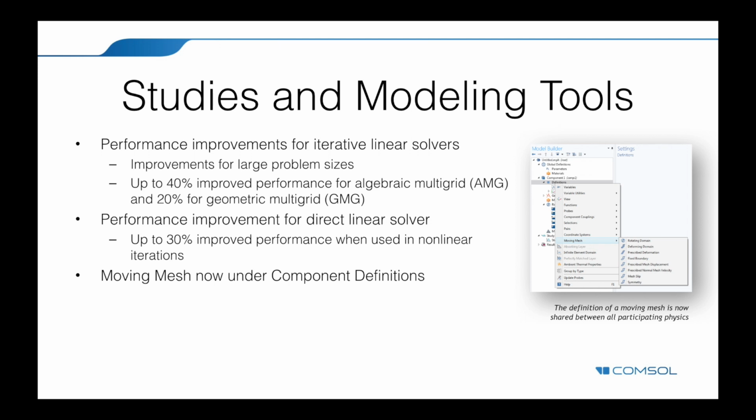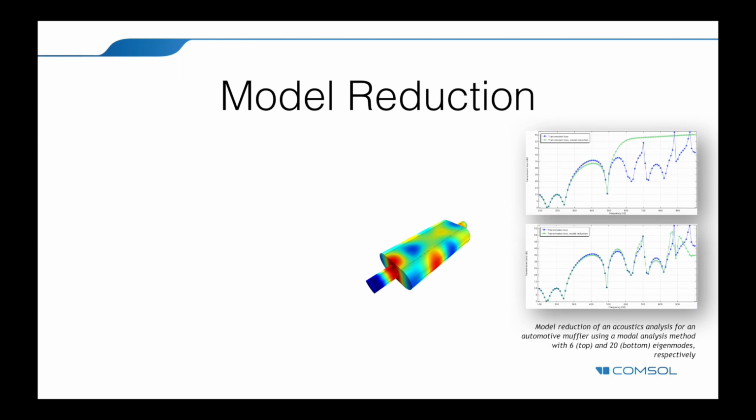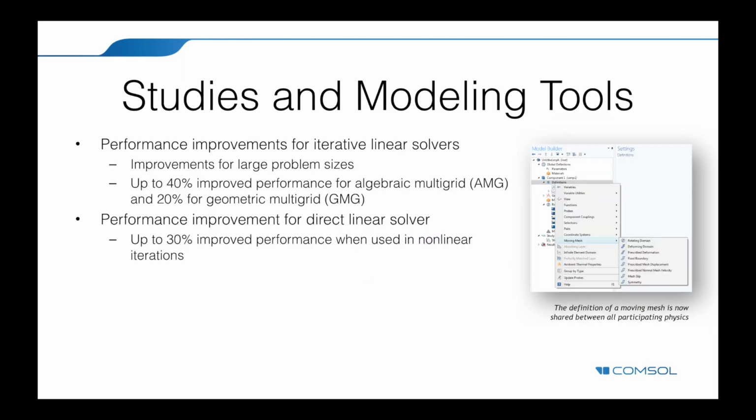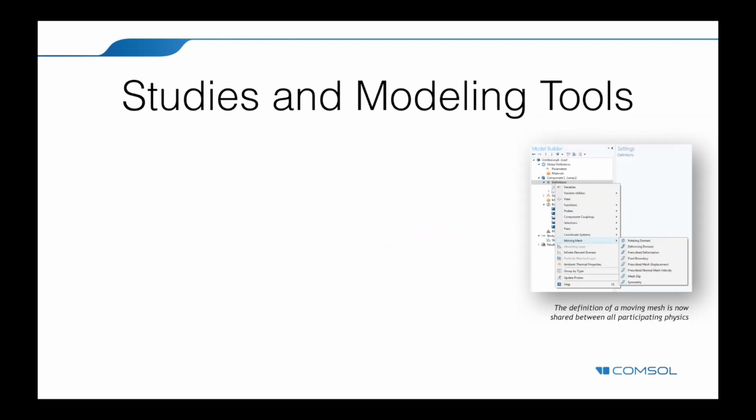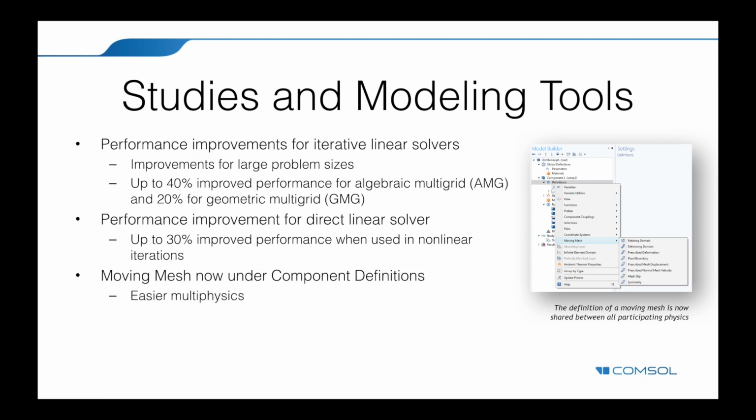Moving mesh has moved under definitions, under components in the model tree. It was previously available as a separate physics interface, and now it has been elevated to a more central location. This makes it easier to set up multiphysics problems that use a moving mesh, for example, rotating domains.